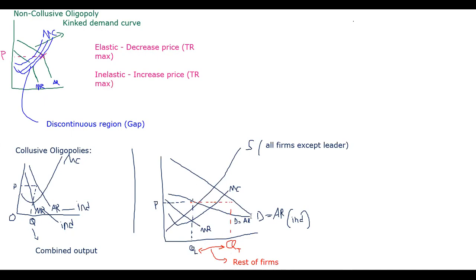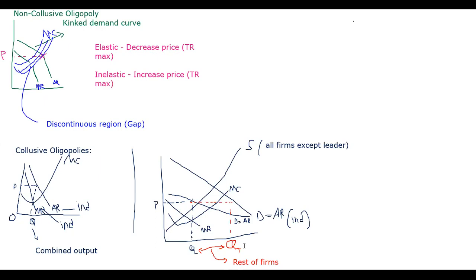The leader's demand curve is there, so his MR will be different, his MC will be his own, and all he cares about is that he equates them with his demand curve. He gets the quantity by equating MR equal to MC, gets P from his demand curve, and using P on the industry's demand curve, you get the total Q of the entire industry, and then the others just try to supply.